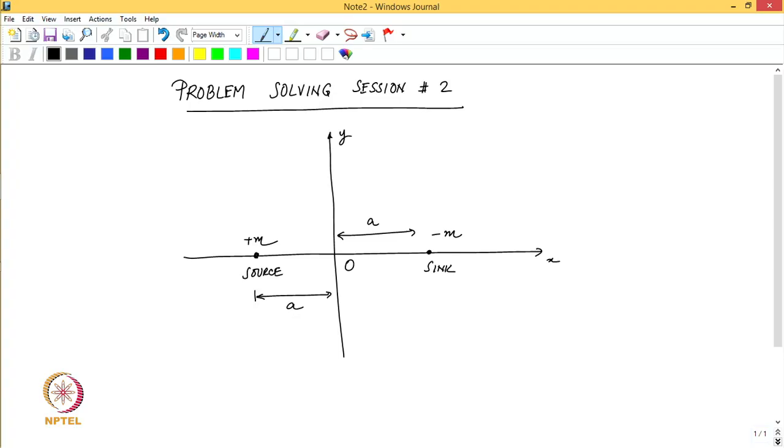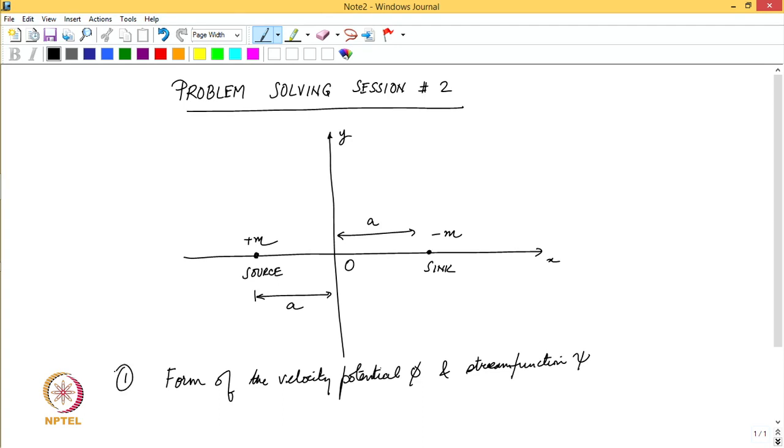The problem that we are going to work out is, we will derive the form of the velocity potential, which is phi, and the stream function. So, we will first derive what are the forms of the velocity potential and the stream function.